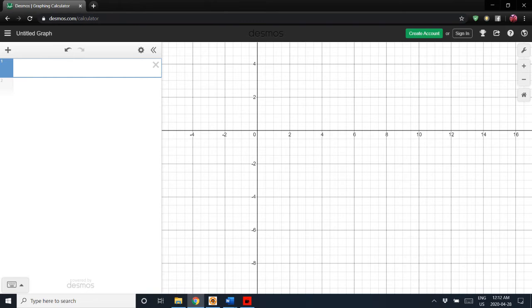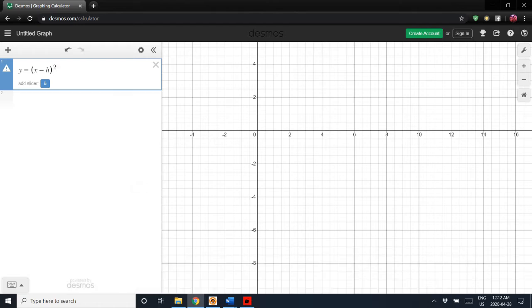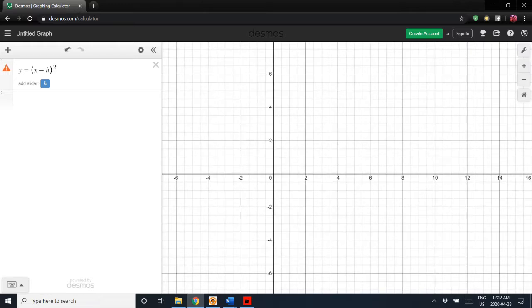So let's begin. So we know it's y is equal to (x minus h) squared, and we're going to click the little keyboard down here and add our squared button. Okay, and again, nothing's going to show up until we add a value for h. And I think in our example, h is equal to 3 for example A for horizontal translation.